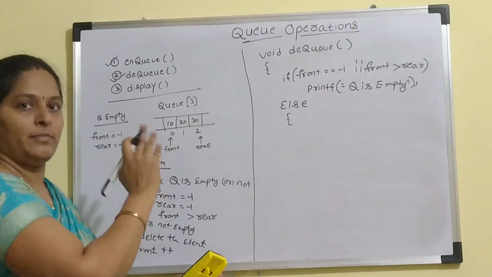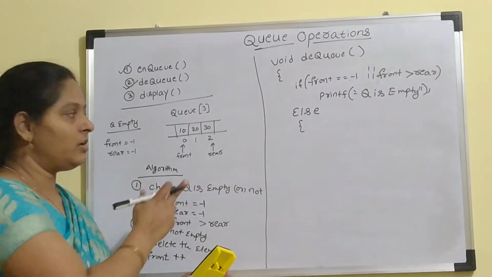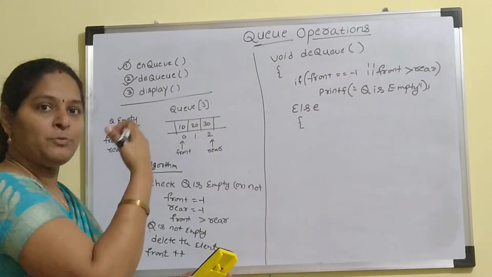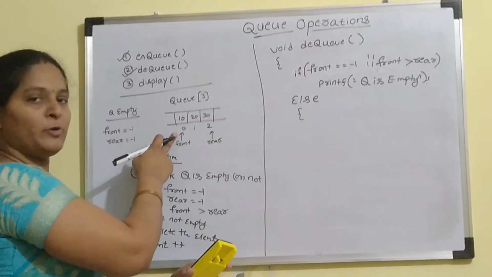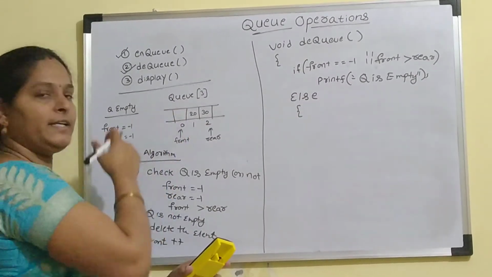If the queue is not empty, then what to do? Delete the element from the queue. From which position can we delete the element? Wherever the front pointer is pointing. From that position, delete the element.